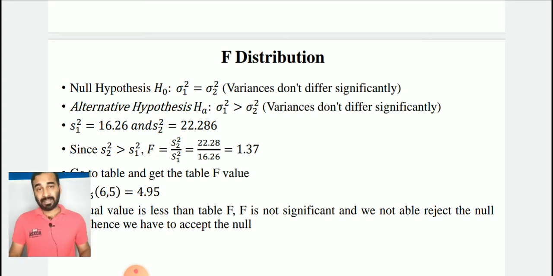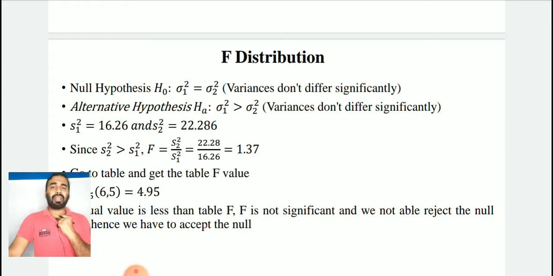The differences are always measured in variance. So H0: the first population variance is equal to the second population variance. In both populations the variances are equal. Clear?